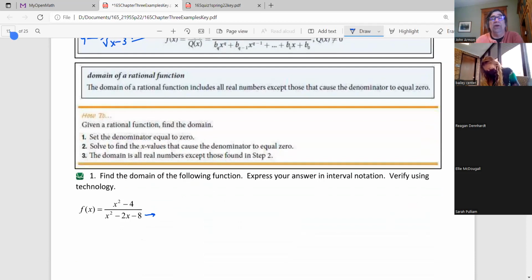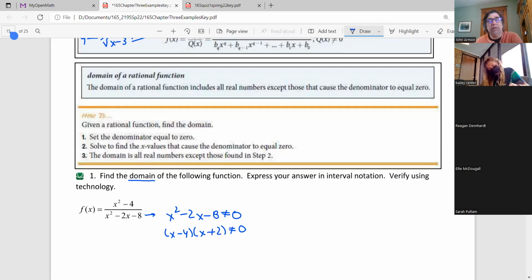So if you look at number 1, find the domain. You need to make sure that x squared minus 2x minus 8 is not going to be 0. I think they intentionally gave you this as something you could factor. You could also use the quadratic formula. Two numbers multiplying to -8, adding to -2.